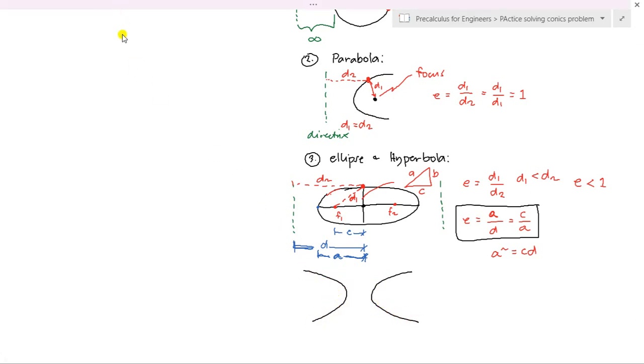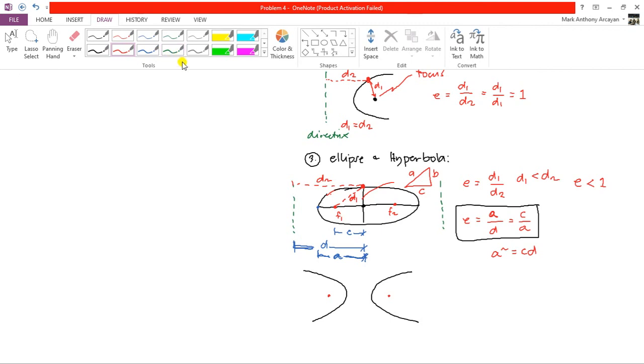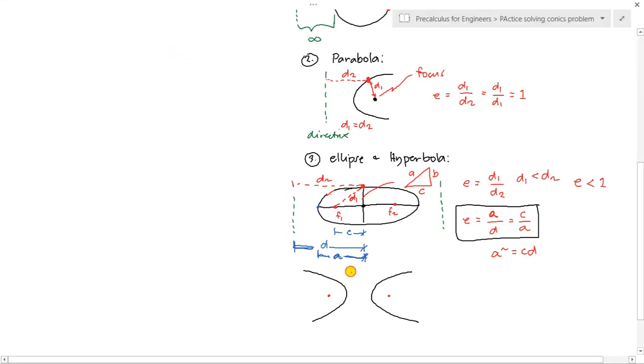Then we have the two foci. And of course, the directrix is between these lines. If we take a point on the hyperbola, you can see the distance from that point to this focus is D1, and to the other is D2.